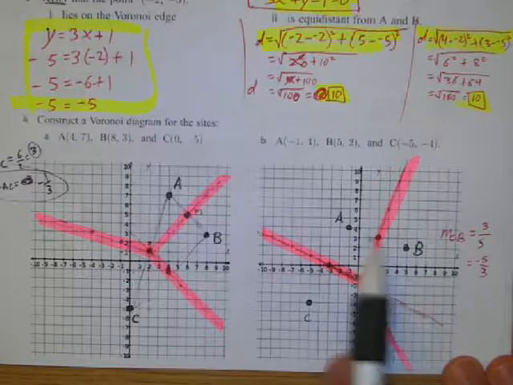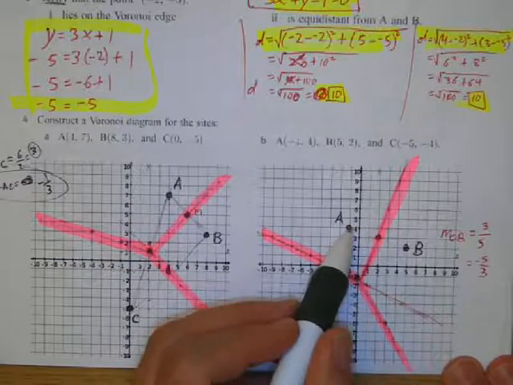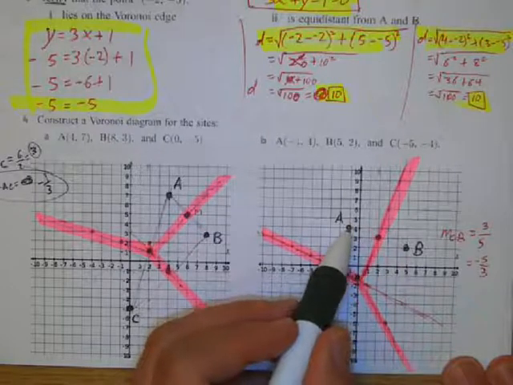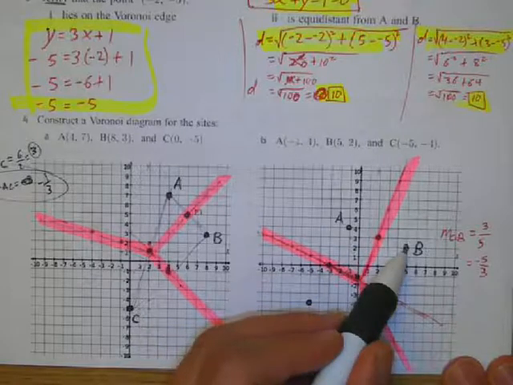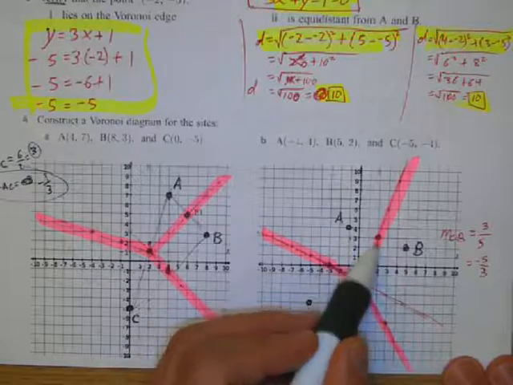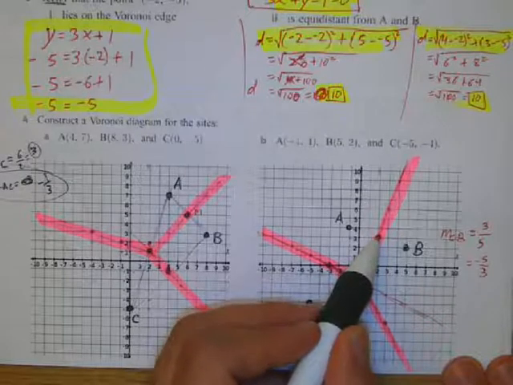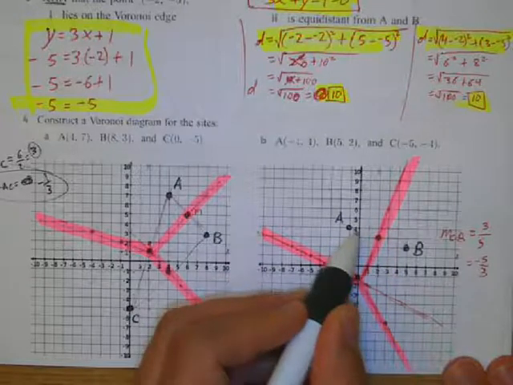So the slope between here and here is negative 1/3. I go down 1 over 3. So the new slope is going to be positive 3. So from the midpoint here, I'm going to go up 1 over 3. Okay, I plotted the point halfway between A and B.